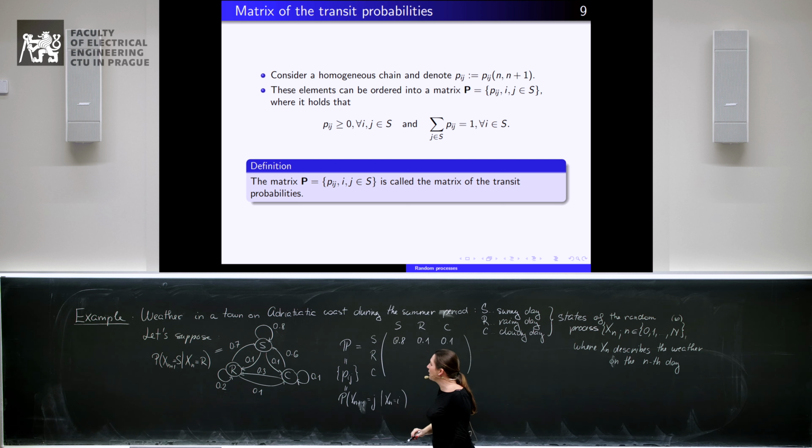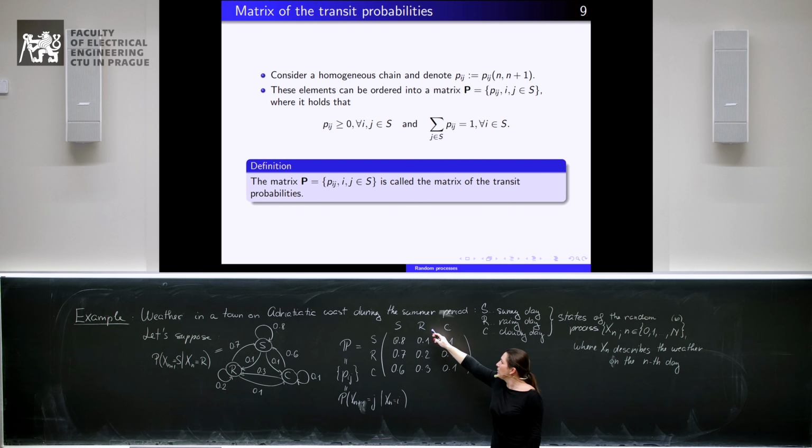And so we will fill the table and we obtain what we wanted, the matrix of transition probabilities. And so, for example, this number 0.3 is the probability that it will be rainy tomorrow when it is cloudy today, and so on and so on.